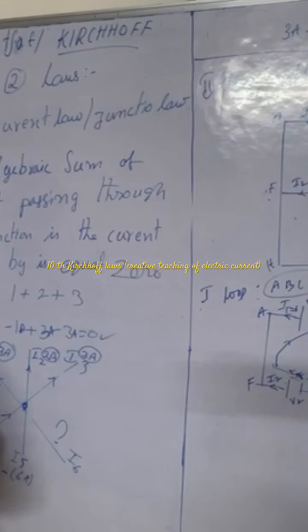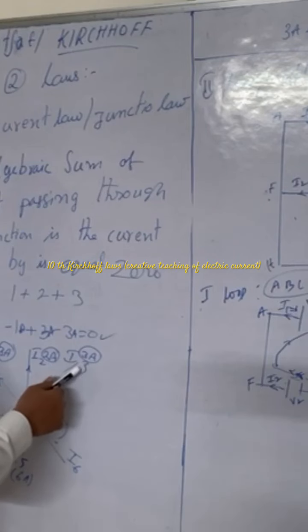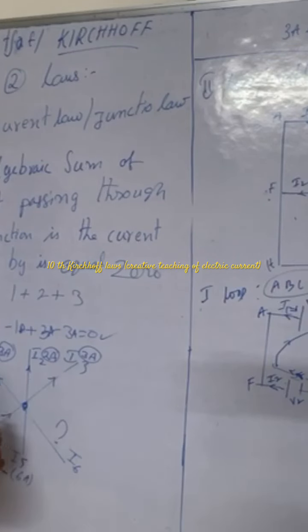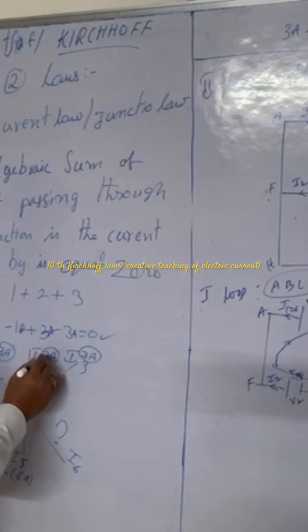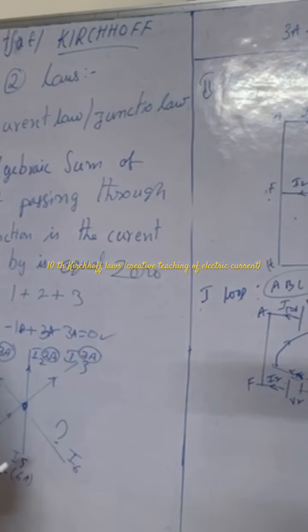So this is negative. This is 3, 2, 3. These are 3, 2, 5, 8. Here 6 and minus 2. Minus and negative, it will go.